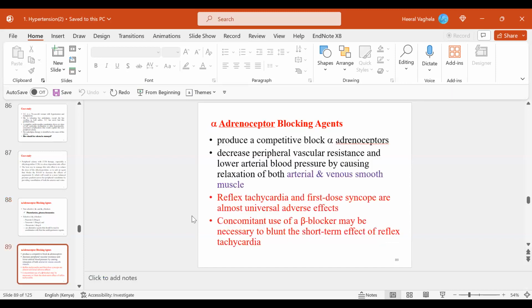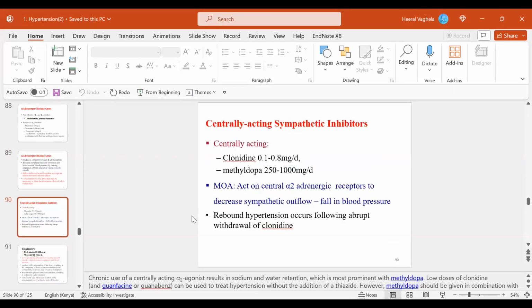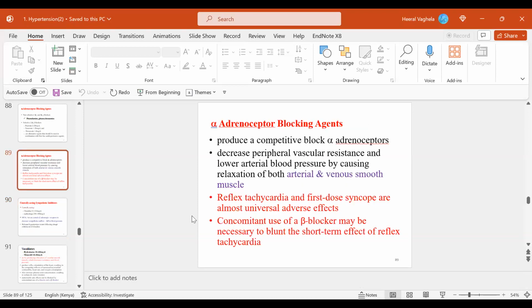What these drugs do is that they relax both the arterial and the venous smooth muscles. And the ADRs, because they're alpha adrenoceptor blockers, can include tachycardia.